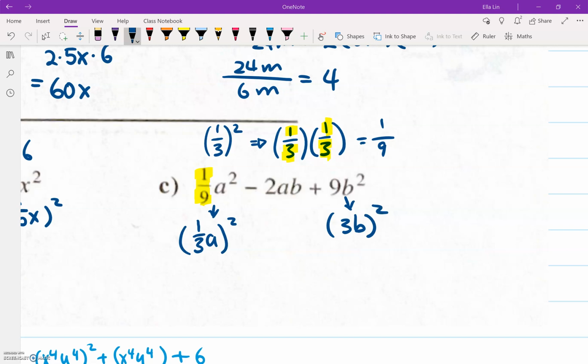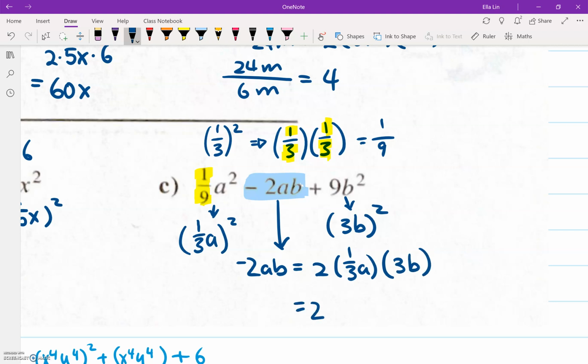The question is, does it give me my middle term here? So let's try that. Negative 2ab should equal to 2 times 1 over 3a times 3b.